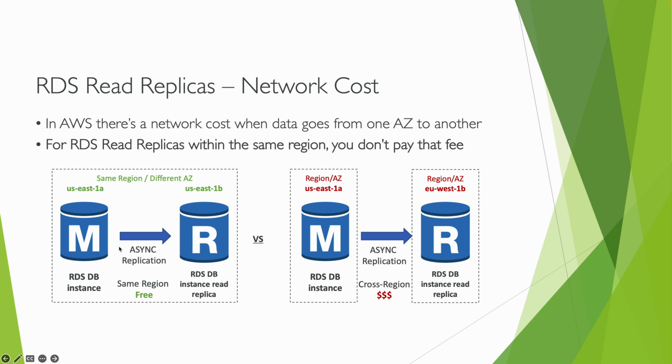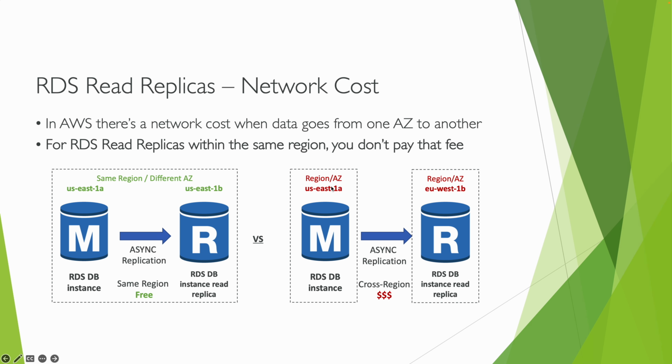We don't need to pay for this transfer of data whenever these two database instances are in the same region. Here, in the US East region, we have two availability zones, 1A and 1B, and the data is transferred from 1A to 1B, which are in the same region. So AWS won't charge for this.